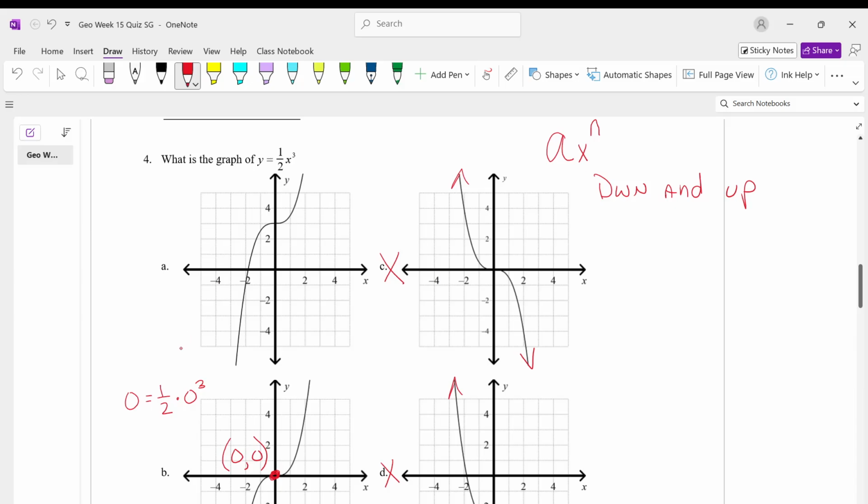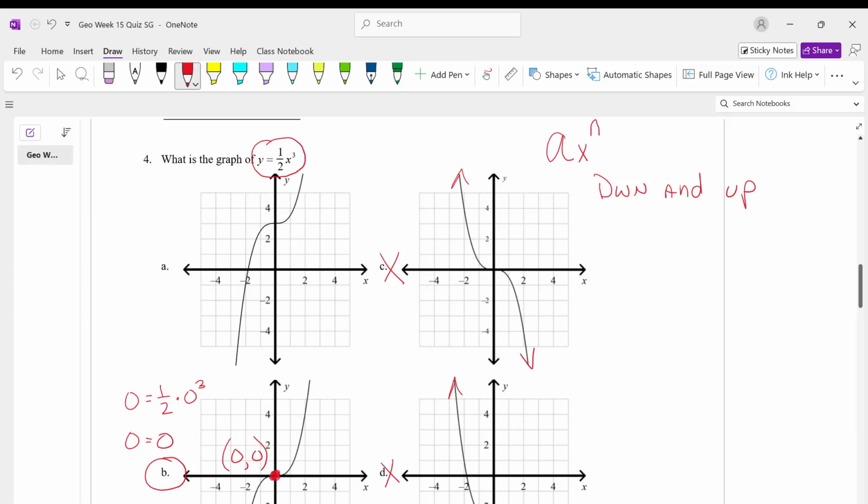So what's 0 to the third equal to? 0 to the third is 0. What's half of 0? 0. So 0 equals 0. So since that point 0, 0 is a solution to this equation, then our correct graph is B.